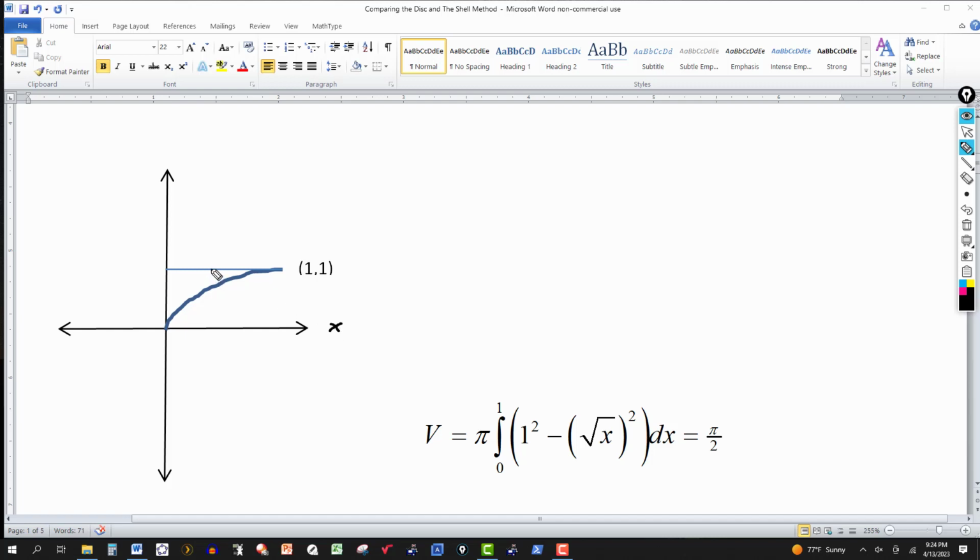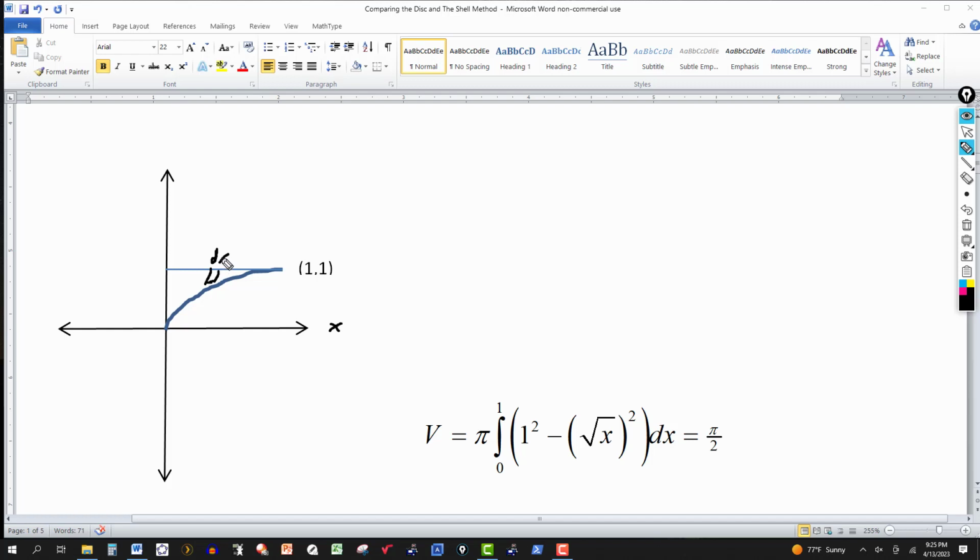So if I draw my perpendicular rectangle here, and remember this is real tiny, the integral is a limiting process and it sums all of these and calculates the volume based on the formula for a circular cylinder. The width of this rectangle is delta x, which will turn out to be dx.